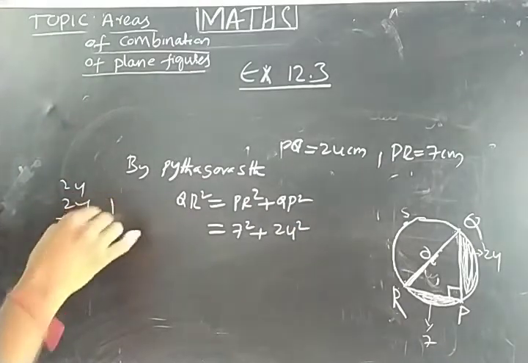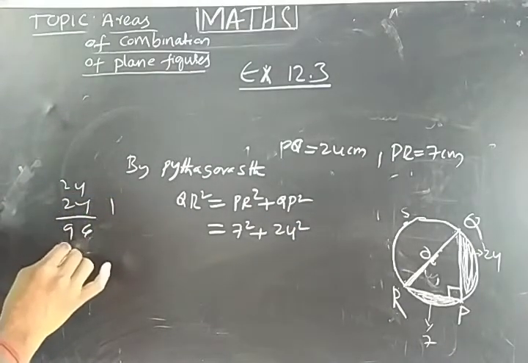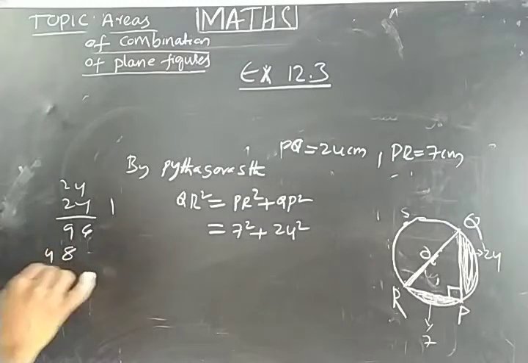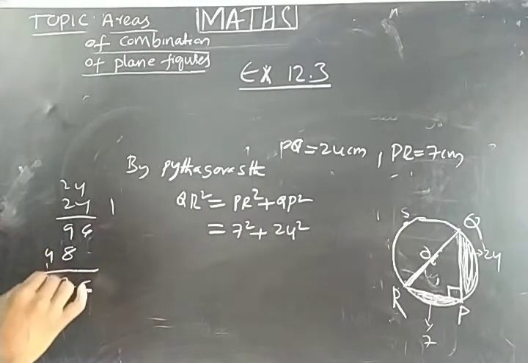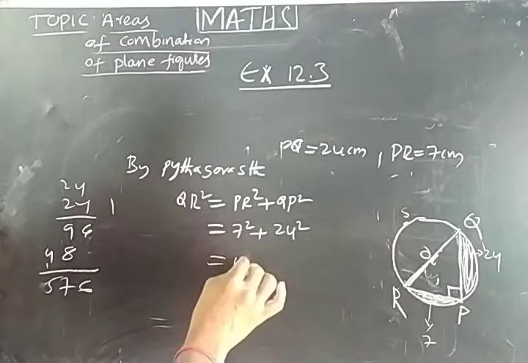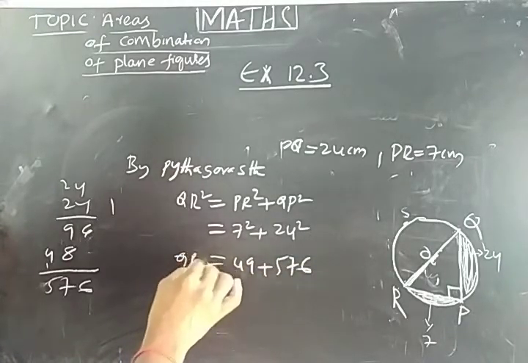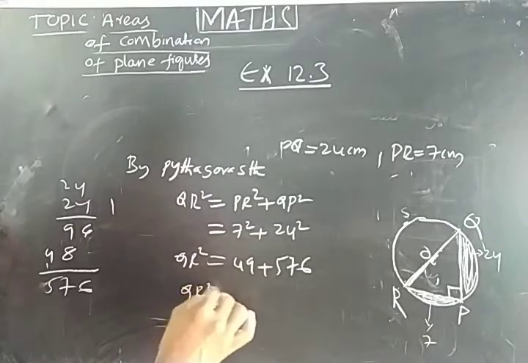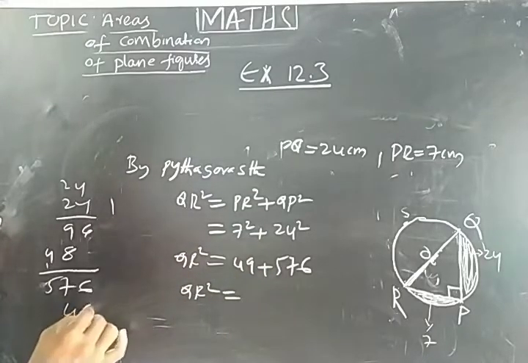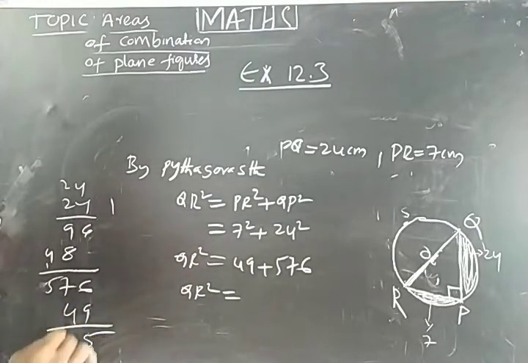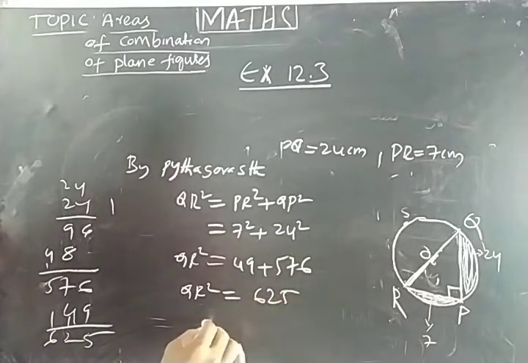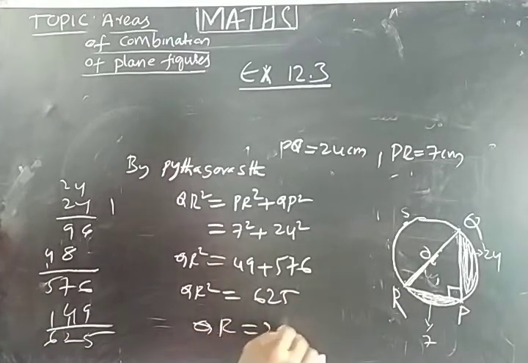It is 576, and 7 square is 49. QR square is equal to 576 plus 49, which is 625. 625 means QR is 25.